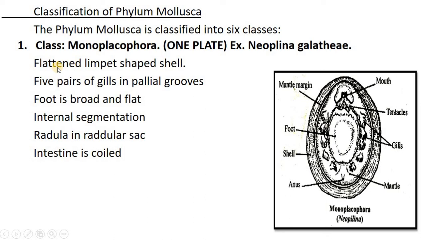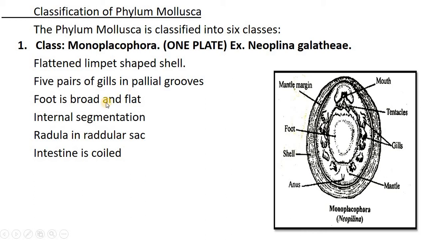The shell is a flattened limpet-shaped shell. Next, 5 pairs of gills in the pallial grooves. Pallial refers to the mantle, and these 5 pairs of gills are there.